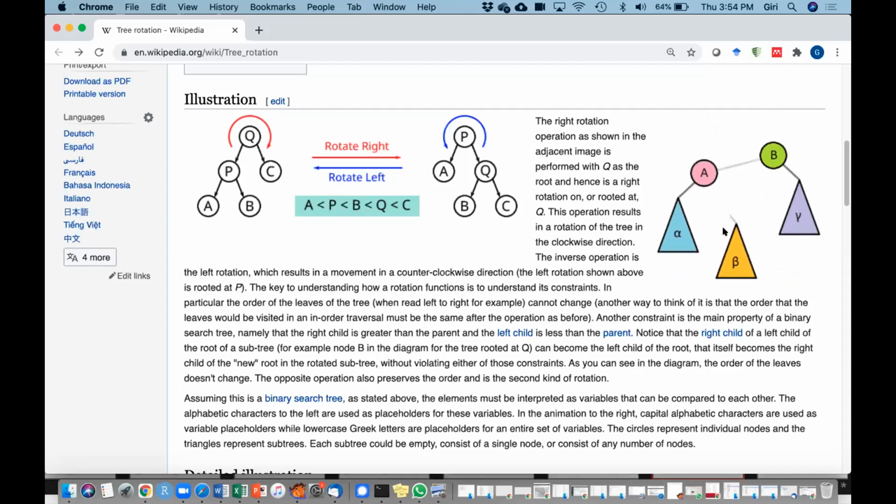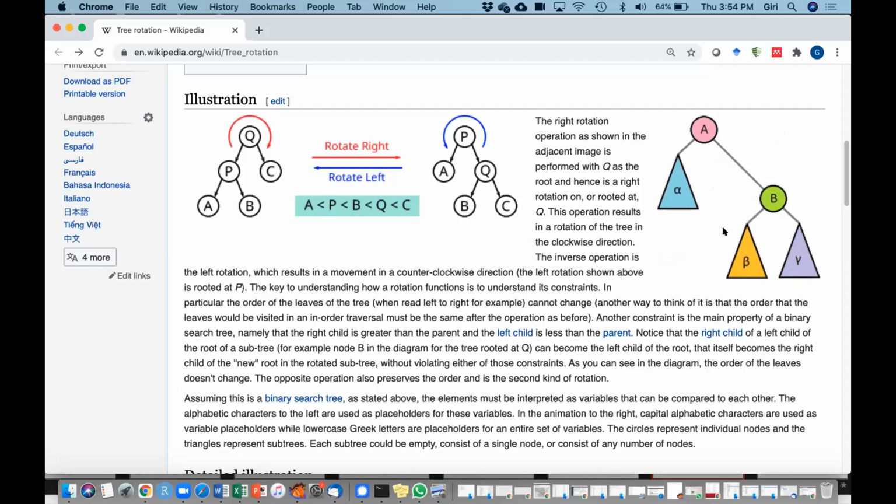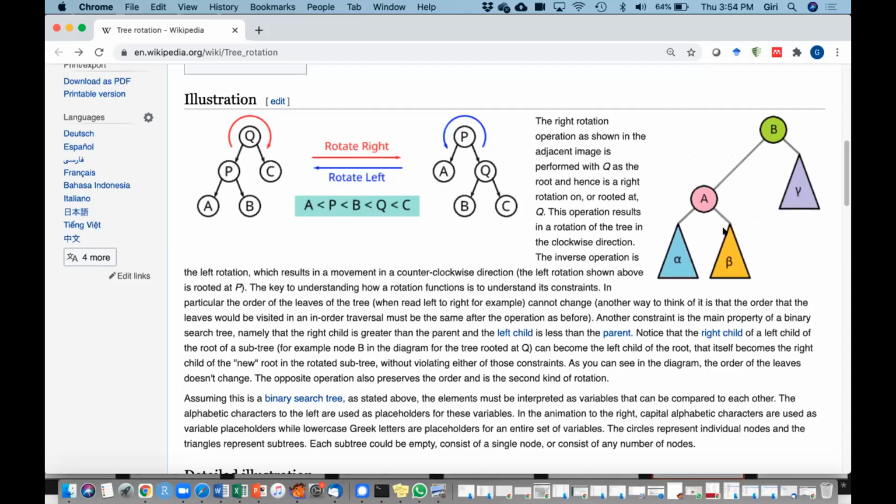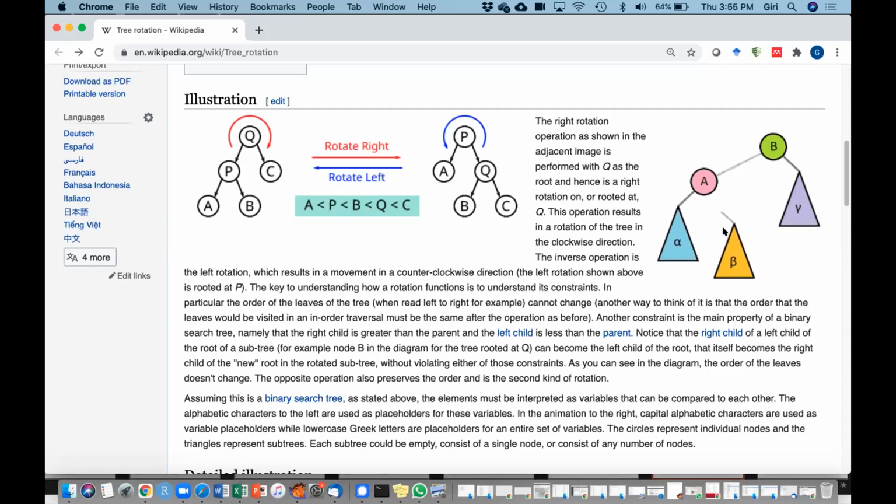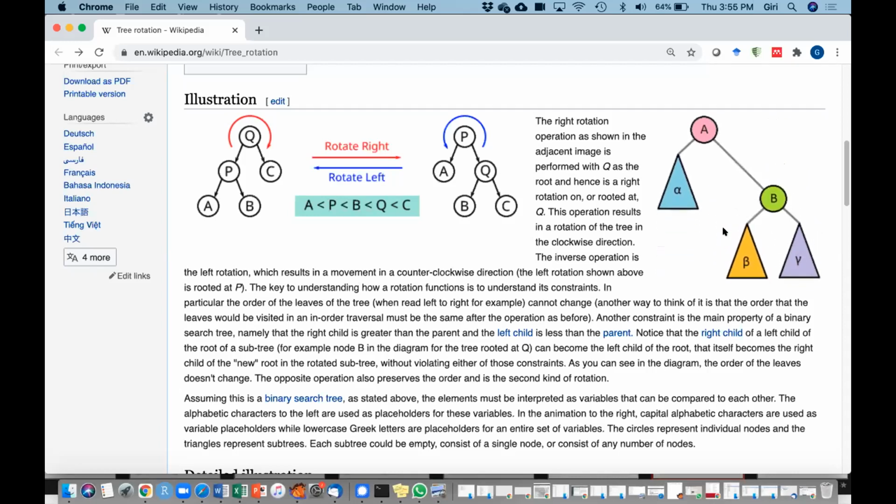So even though I did the rotation, all the binary search tree properties are still satisfied. The only thing it may have changed is the height of the tree. Other than that, it keeps the values in the right order.